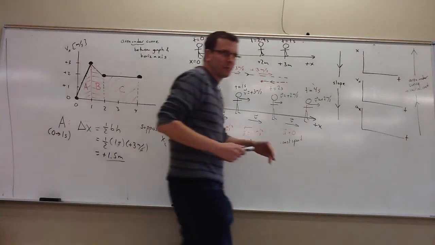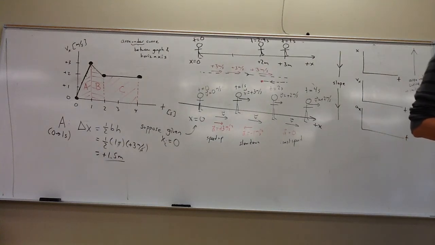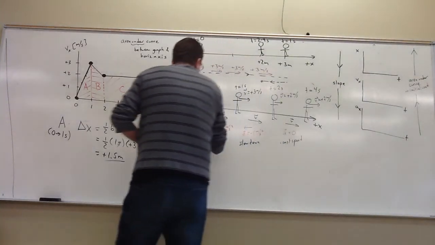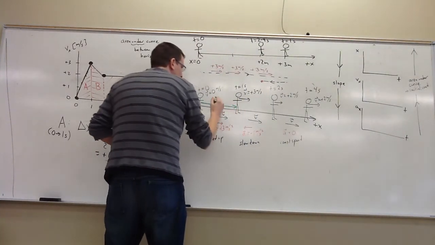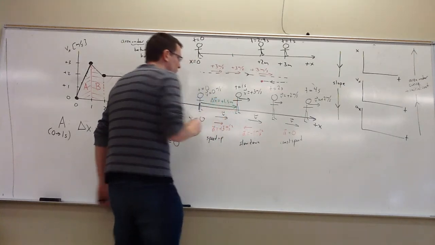So that tells me that because of the velocity information that you were handed, you ended up 1.5 meters to the right of where you started. It doesn't tell you where you started and where you ended, it just tells you how they differ. In fact, I'll throw that into the graph here. This is my displacement plus 1.5 meters.